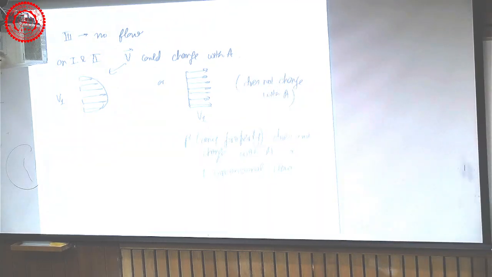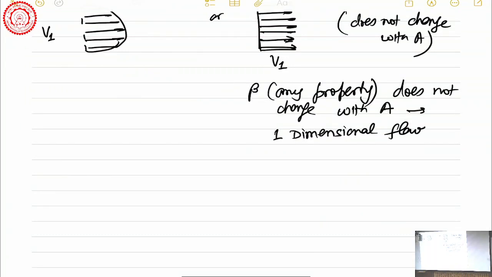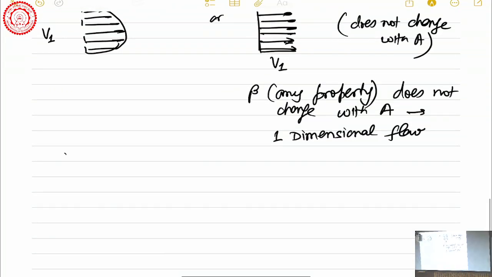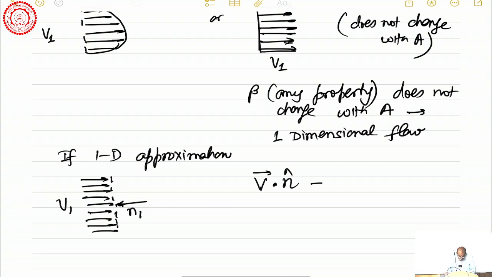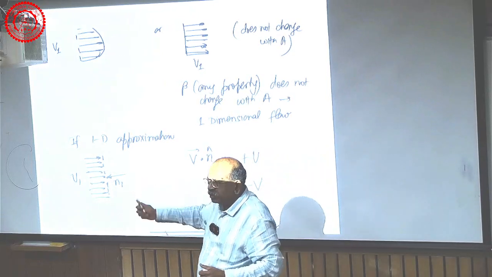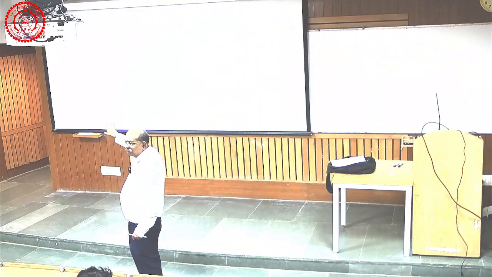Okay? Now, if we have a one-D approximation and if the velocity is v, then the cut which we make for the control volume, we will make it perpendicular to the direction of velocity, if possible.